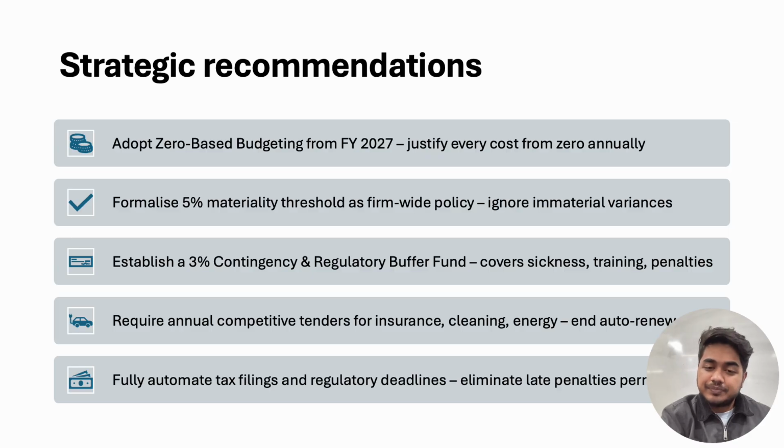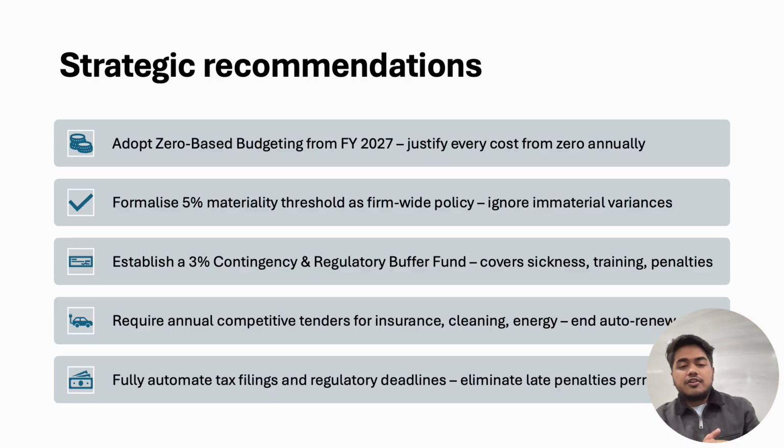and eliminating the common source of unanticipated negative variances. On the operational front, requiring annual competitive tenders for services like insurance and energy will dismantle costly auto-renewal habits, forcing the business to capture the best market rates year on year to maintain cost control.